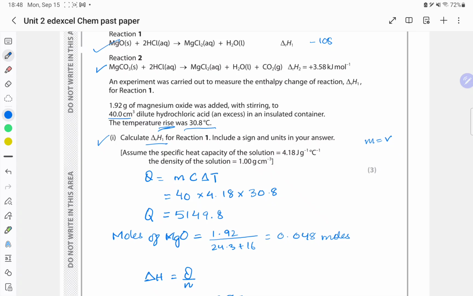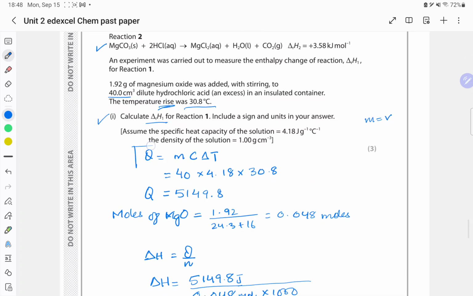The formula we're going to use is Q = mc delta T, and Q describes how much heat is absorbed or released. M is already given to us. What is the mass? Because we are assuming the density is 1, whatever the volume is will be considered as the mass.